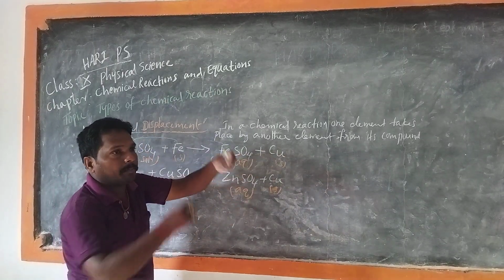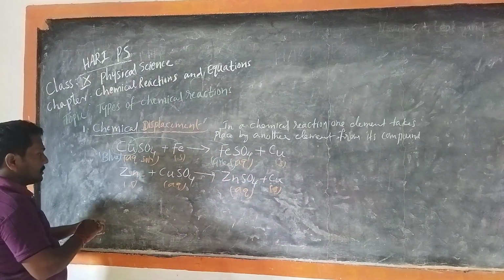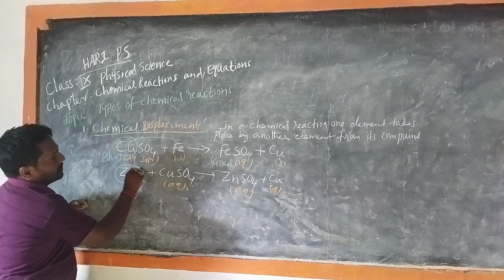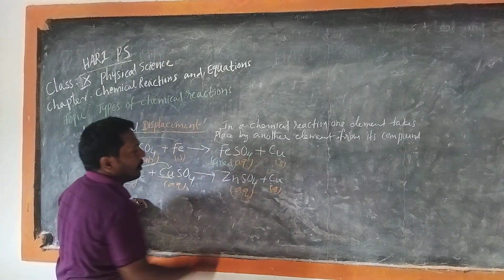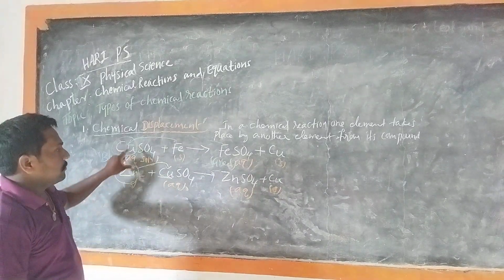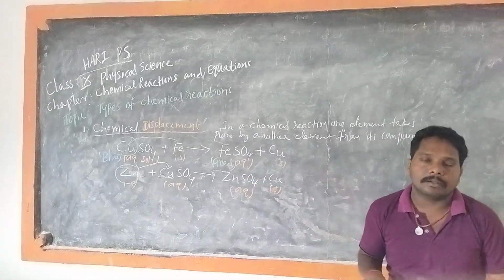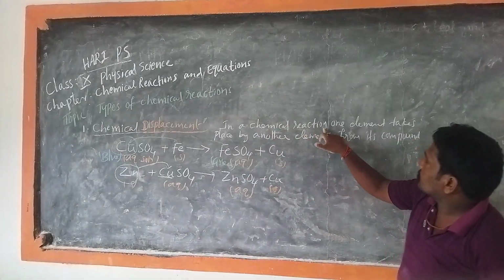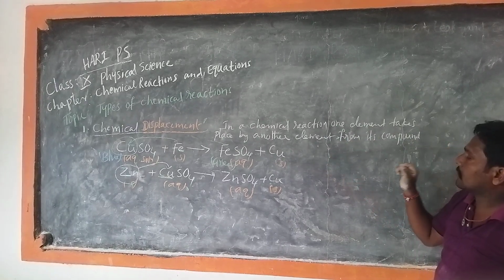This copper is deposited on the iron. Similarly, in this reaction zinc displaces the copper from the copper sulfate solution and forms zinc sulfate. These two reactions are examples of displacement reactions, because in a chemical reaction one element takes the place of another element from its compound.